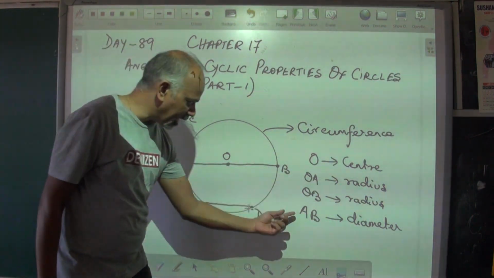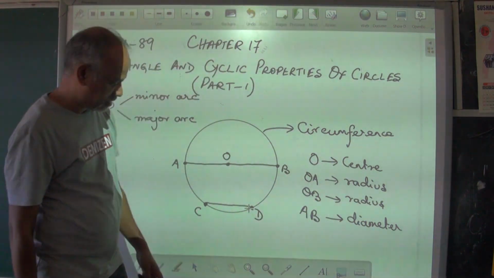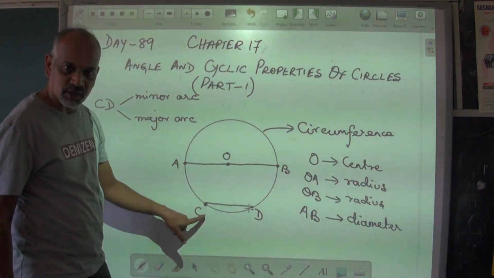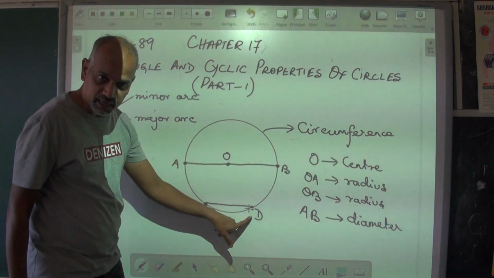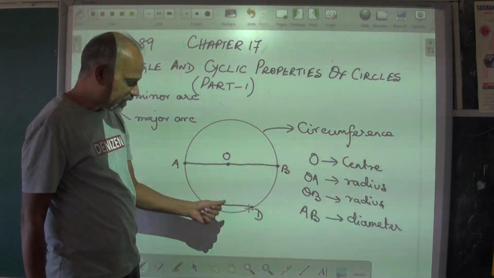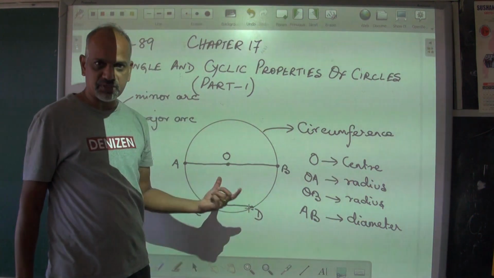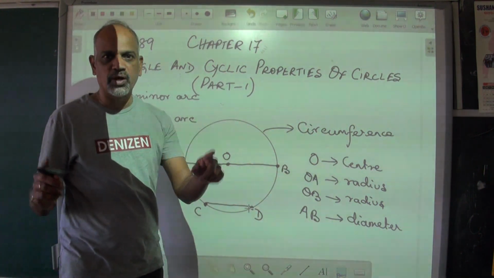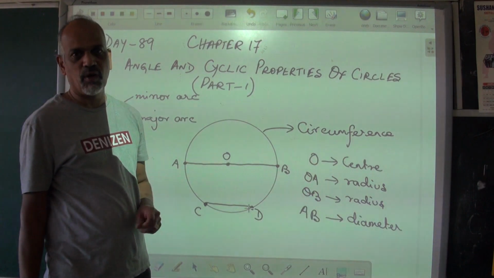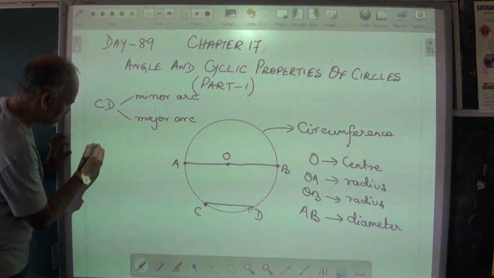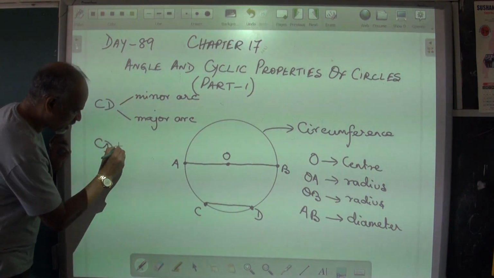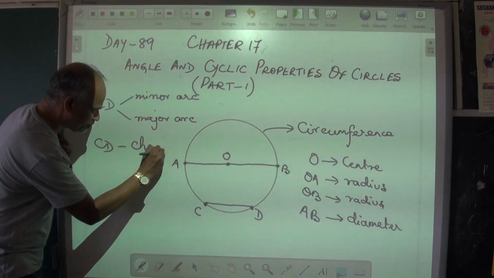Therefore, this straight line is called the diameter. This other line does not pass through the center. Therefore, such straight lines which join 2 points on the circumference are called chords. So CD as a straight line is called a chord.